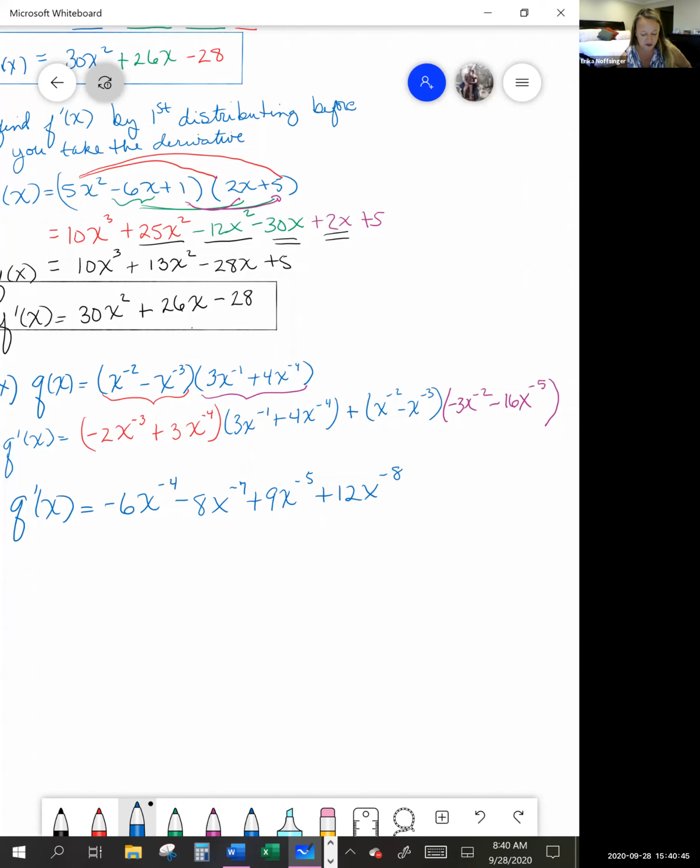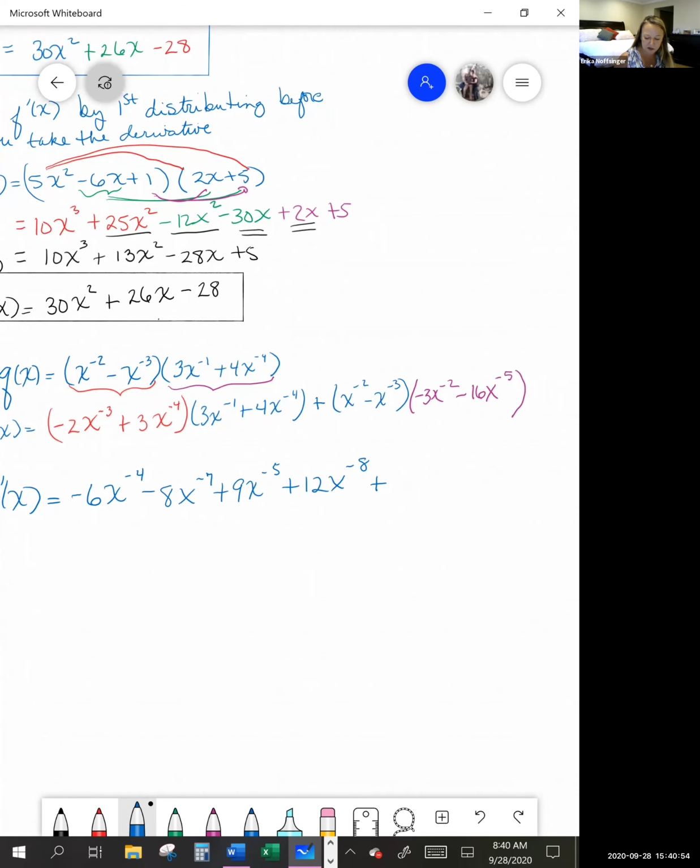Okay, so we just distributed those first two parentheses, now I'll do the same thing with distributing those last two parentheses. So x to the negative 2 times negative 3x to the negative 2. I actually get a negative, so I'm going to minus 3x, add our exponents. Negative 2 minus 2 is negative 4. x to the negative 2 times negative 16x to the negative 5, so that's minus 16x. Add the exponents. Negative 2 minus 5 is negative 7.